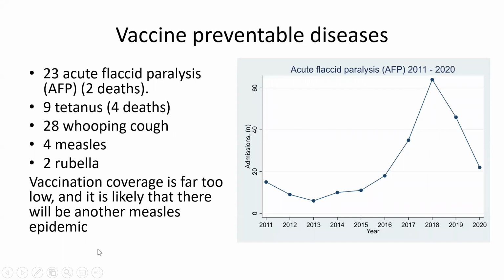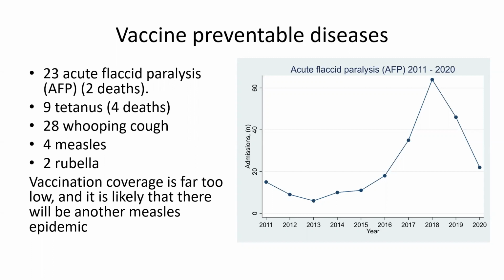We record cases of vaccine preventable diseases in the PHR, and as you know, there was a period of time in 2016, 2017 when the cases of acute flaccid paralysis were going up when we had the outbreak of vaccine-derived polio. That has thankfully gone down now. We're still reporting a number of cases of AFP, and that's okay because most of those children probably have Guillain-Barré syndrome, not wild-type polio.